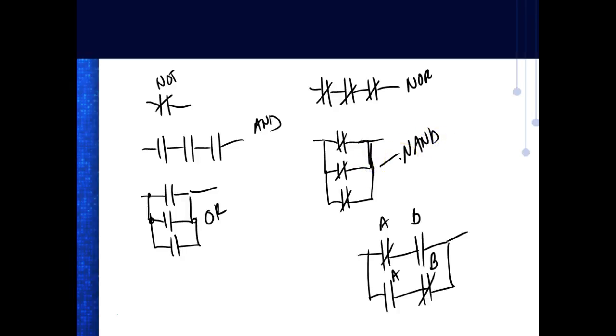Now remember, NANDs and NORs are what's required to make the output false. Y'all understand that? ANDs and ORs are what's required to make the output true. So here it says all these have to be closed, and if I use the term all, that means it's an AND. So up here, all these have to be closed to make the output true.